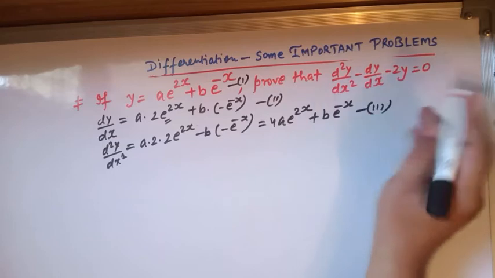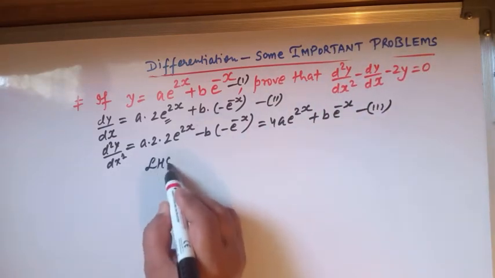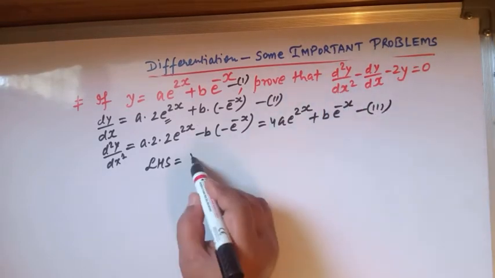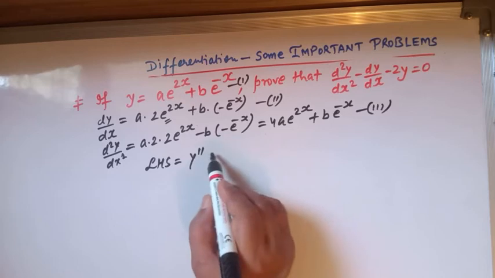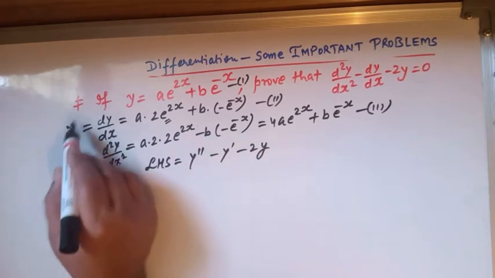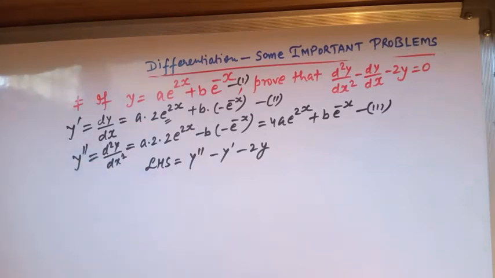Now we have to prove this expression. So we'll take the left hand side, and the left hand side can also be written as y double prime minus y prime minus 2y. This can be written as y prime, this can be written as y double prime. Sometimes it is also written as y1. This is also written as y2. Clear?